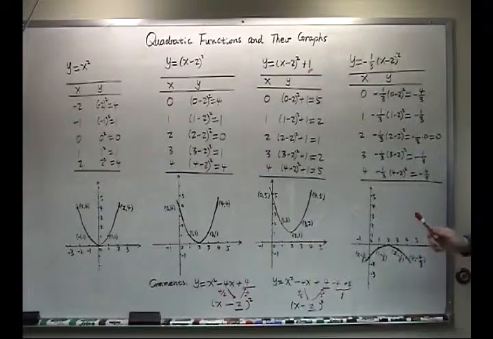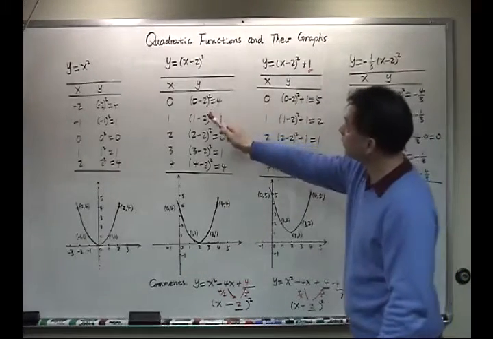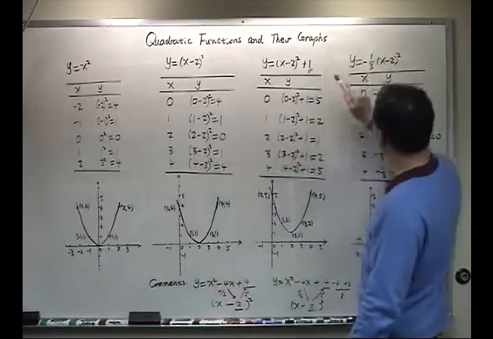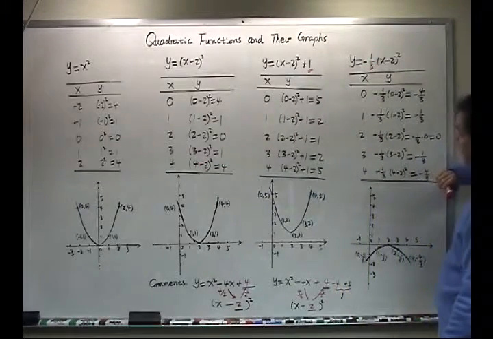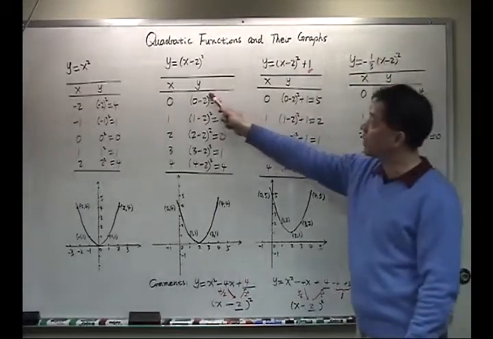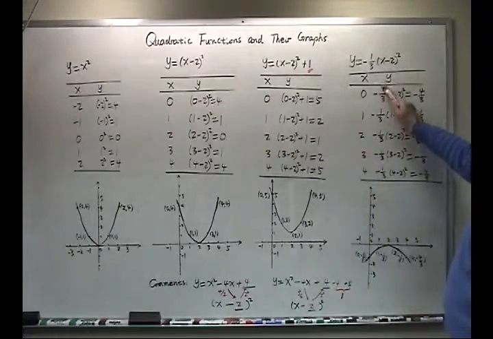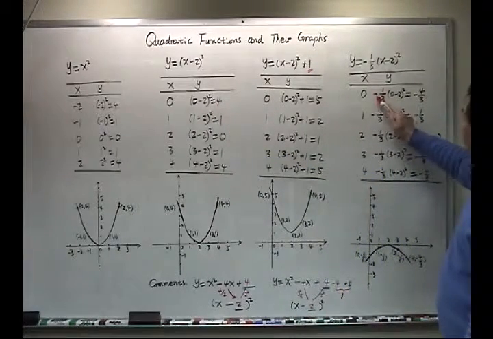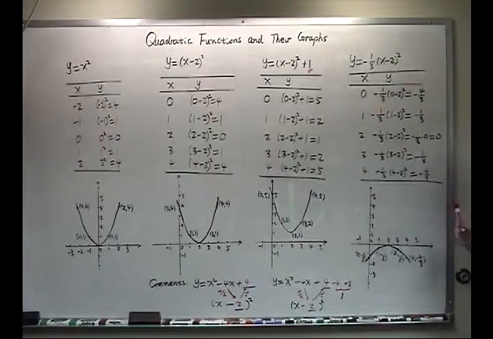So, now every value right here has to be divided by -3. Okay? You plug in 0 here, inside the parentheses that's 4, so divided by -3, you have -4/3.